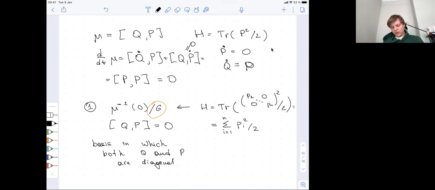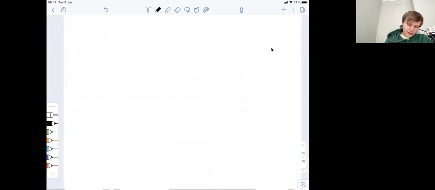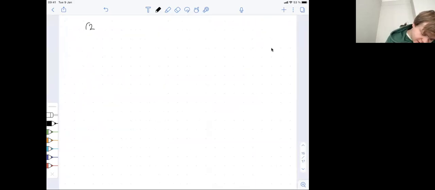So yes, in this situation we cannot obtain anything interesting. The second example, which is much more complicated, is to take mu to be arbitrary.